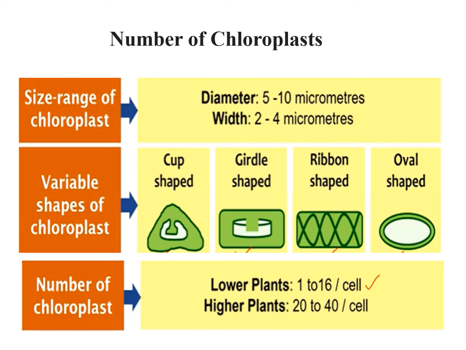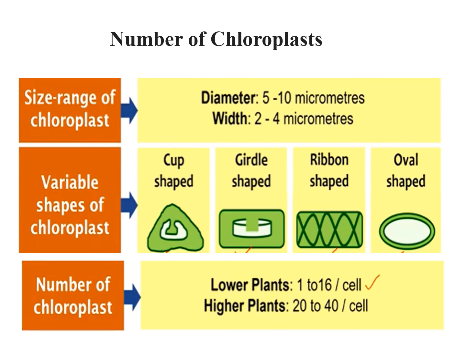Chloroplast possesses variable size that differs from one plant to another. The length of chloroplast ranges from 5 to 10 micrometers and the diameter ranges from 2 to 4 micrometers. The number of chloroplasts varies between different photosynthetic organisms. For example, Chlamydomonas and Ulothrix species have 1 chloroplast per cell.